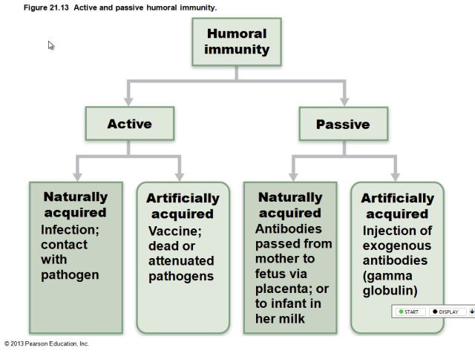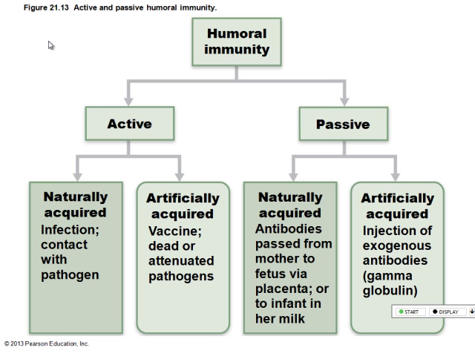So if I give you the antibodies, and we can actually give you antibodies in mother's milk, or through the placenta, or I can give you something called the gamma globulin shot, a whole bunch of antibodies to protect you from a foreign substance. It's going to do the exact same thing your natural antibodies would do, neutralize the antigen.